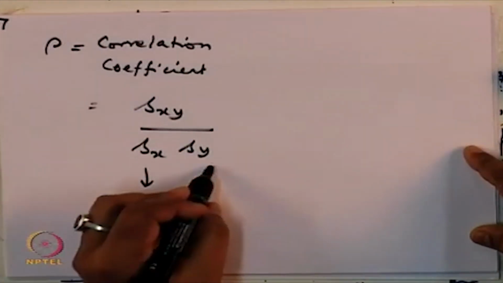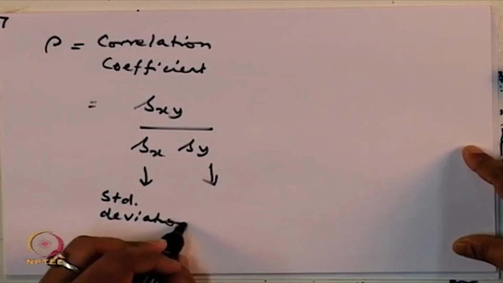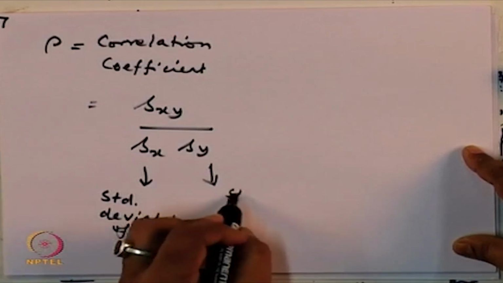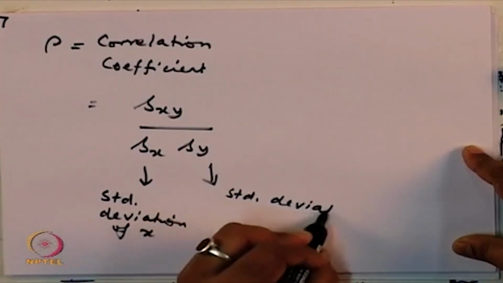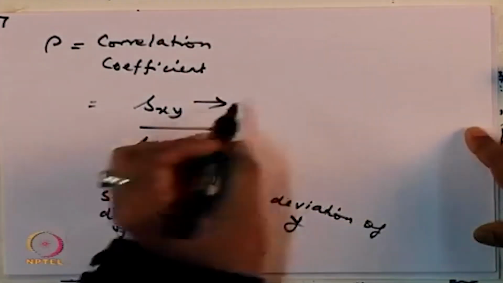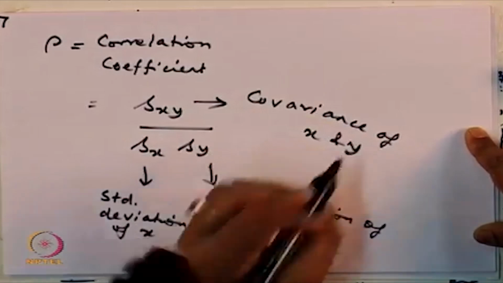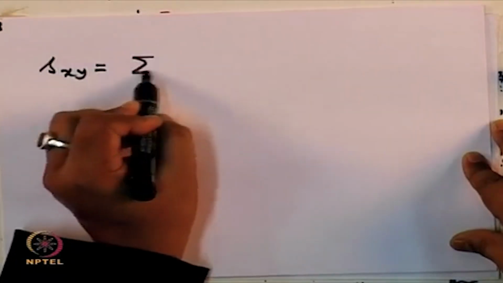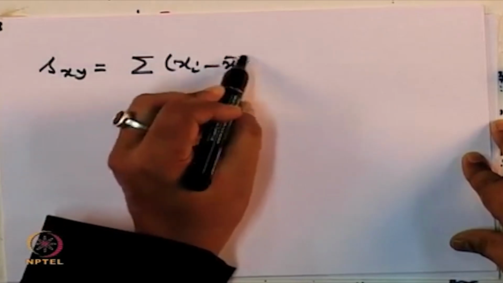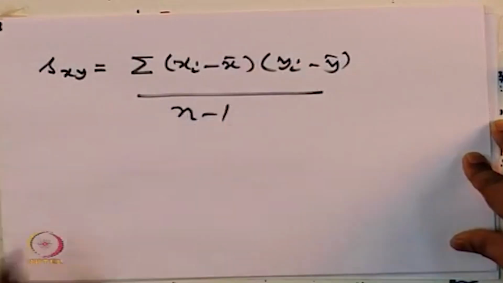Here Sx is the standard deviation of x, Sy is the standard deviation of y, and Sxy is called the covariance of x and y. Okay. Covariance is defined by Sxy equal to the summation of (xi minus x bar) into (yi minus y bar), whole divided by n minus 1.